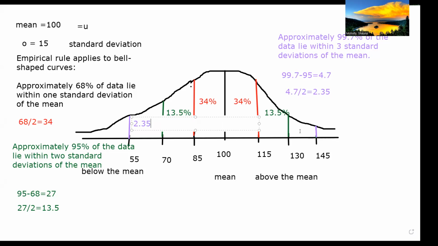And on the other side, between the green and the purple line, I have 2.35%. Okay. Now we've got a little tiny piece left over. This should be percent. Poke that in there. Okay.